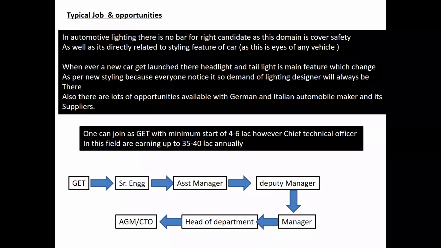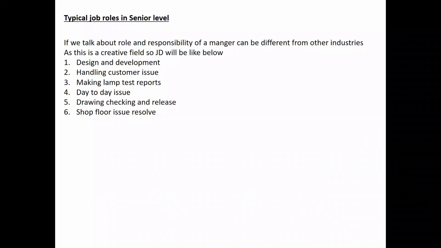Roles for senior levels we also discussed: design and development, handling customer issues, making test reports, day-to-day issues, drawing, checking, release, and shop floor issues. Shop floor issues are majorly in manufacturing, but if you are working in service industries, you will not be managing shop floor issues.